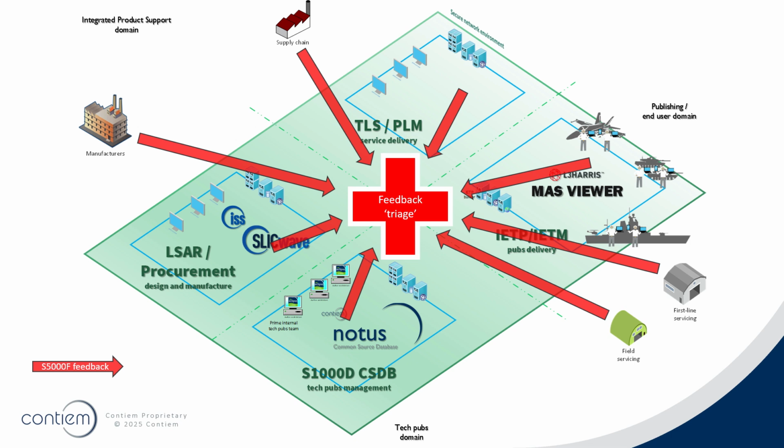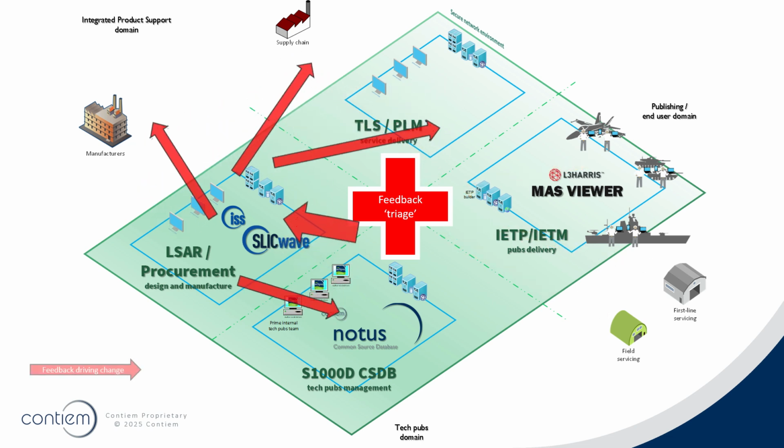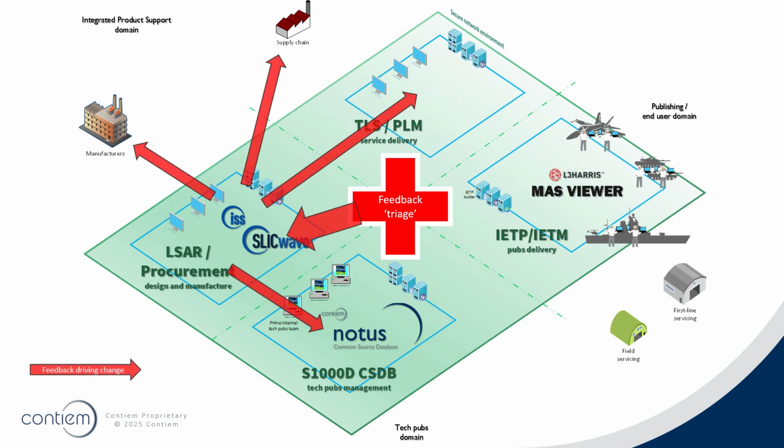Wherever the feedback comes from, it needs to be analysed, and then the results and changes have to be fed back into the system. This is normally the task of the LSAR domain. It might be that there's a change to the design specification, there might be changes to the service delivery or the technical publications, and it might even be that we need to change the specification of some of our components.